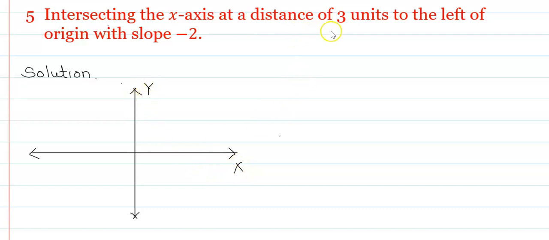It intersects at a distance of 3 units to the left of origin. Suppose this point is minus 3, 0, O is origin.